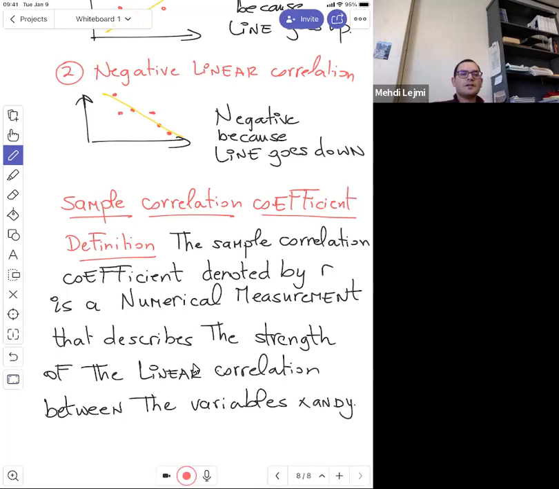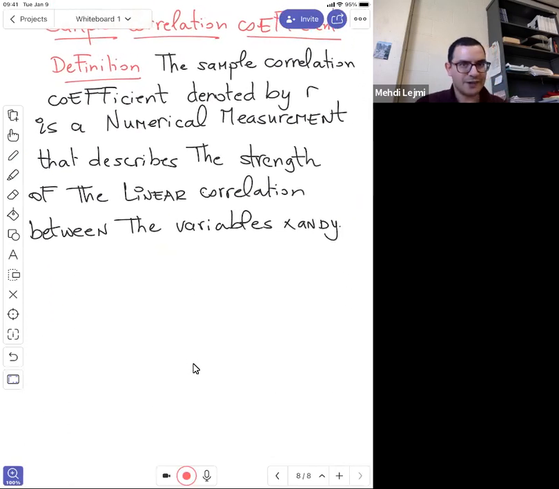So this number R, this sample correlation coefficient, has a couple of properties. Of course, I'm going to show you how to compute this number. But first, let me just say, this number is always between -1 and +1. If your answer is not between -1 and +1, then it means you made a mistake.